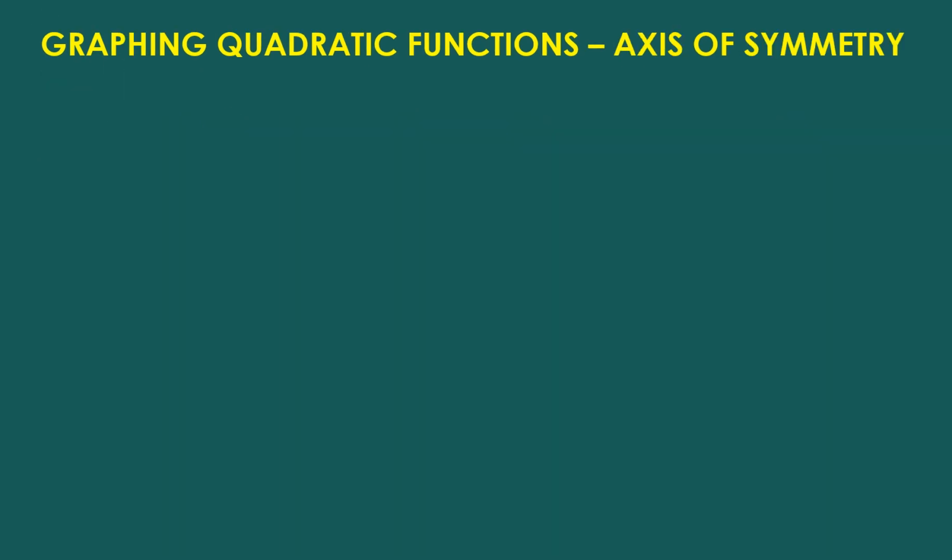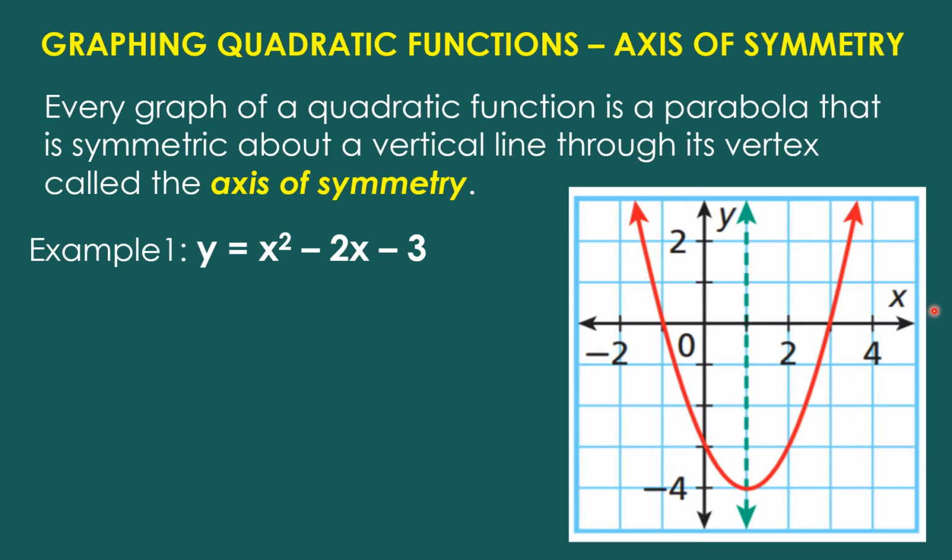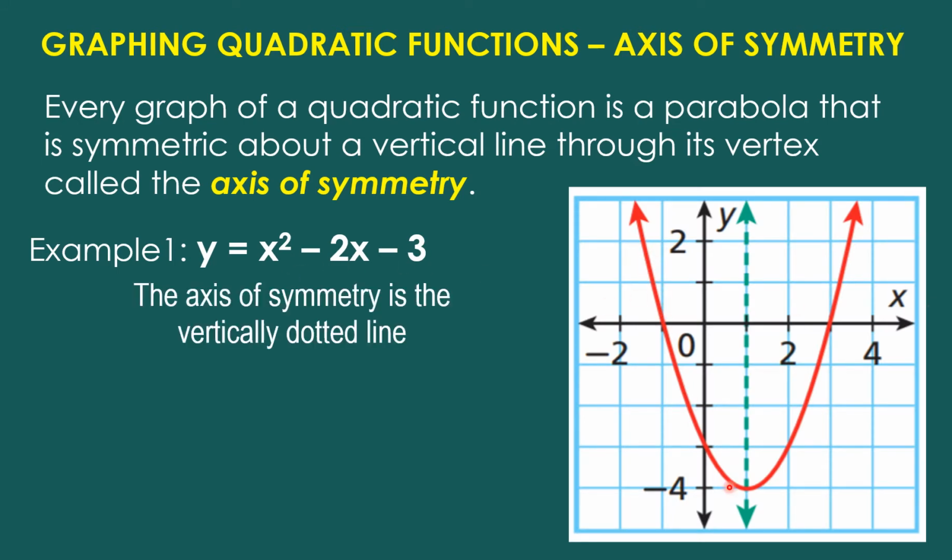Next is the axis of symmetry. Every graph of a quadratic function is a parabola that is symmetric about a vertical line through its vertex called the axis of symmetry. In the quadratic function x squared minus 2x minus 3, notice that this is the graph of the quadratic function.